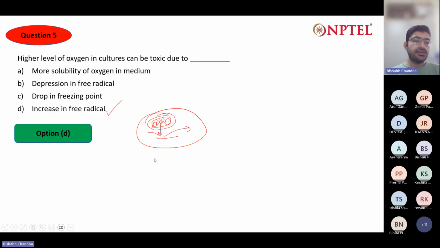So that is why they are toxic to the cells. And it also increases the oxidative stress, as we call it in physiological language. So an increase in free radicals increases the oxidative stress inside the cell. So shall we move on to the next question?